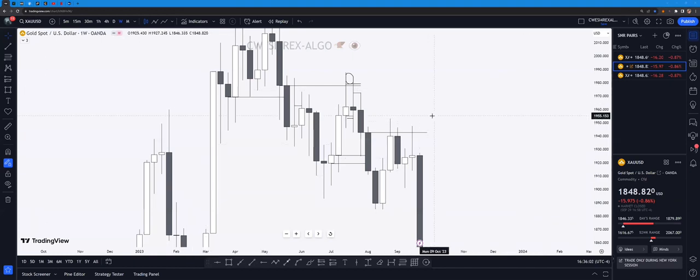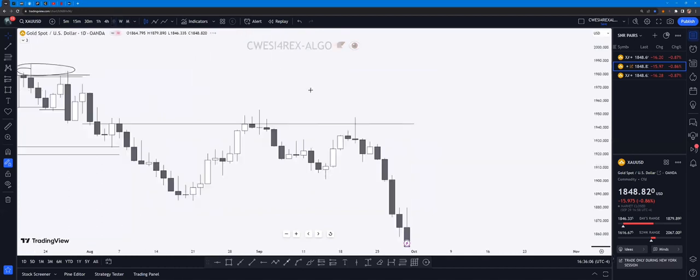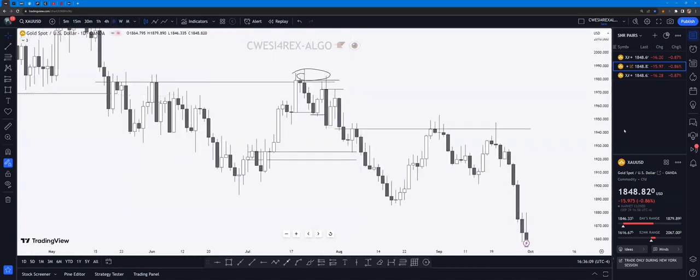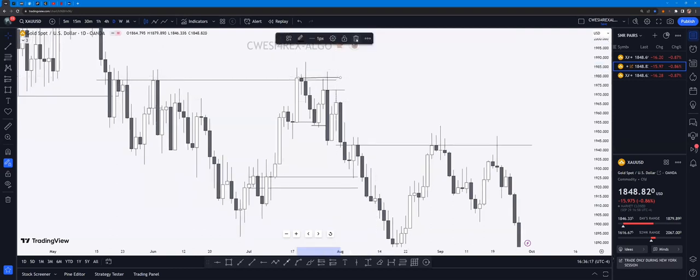Okay, cool. So over here, all right, let's move to the daily time frame. On the daily time frame, we have price breaking out, then we had this pullback, and you can make your entry based on your entry techniques. Okay, good. And let's continue.